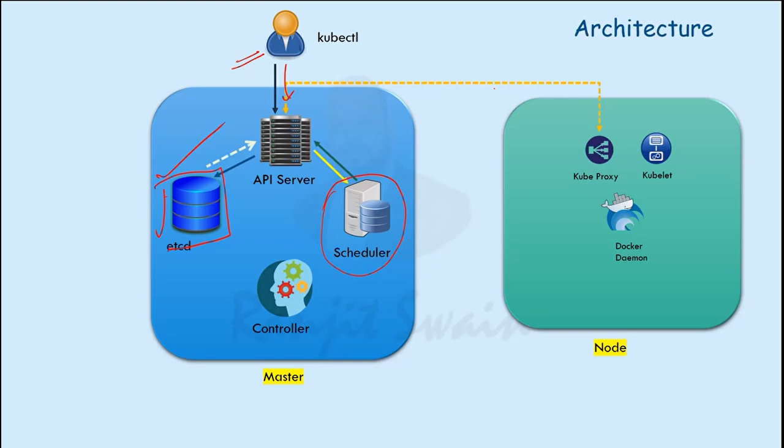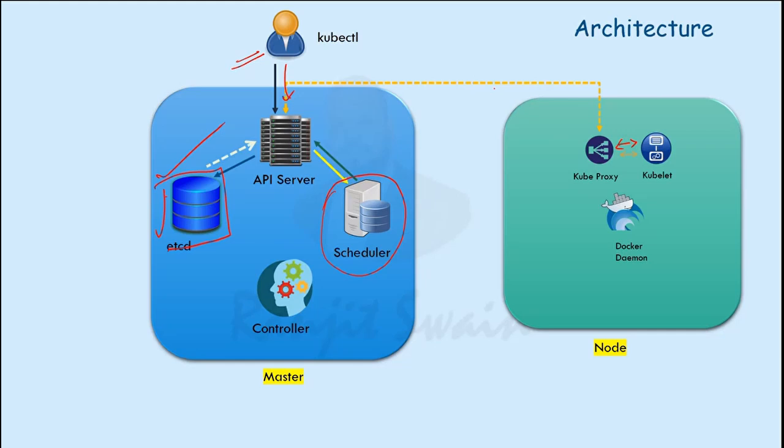And then what will happen? Suppose you want to create a pod or container. Through the network, kube-proxy, it will connect to the kubelet. The kubelet is one of the Kubernetes agents, through which the node connects to the master.